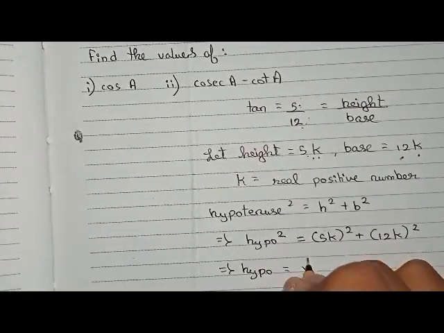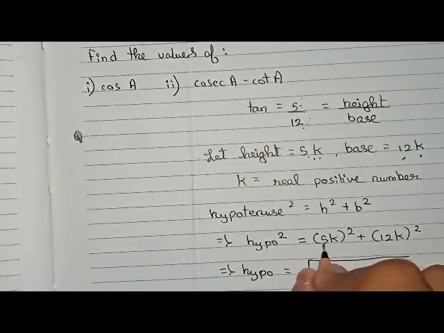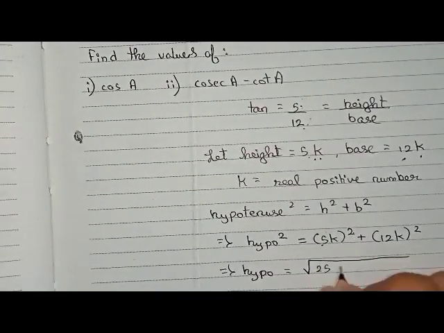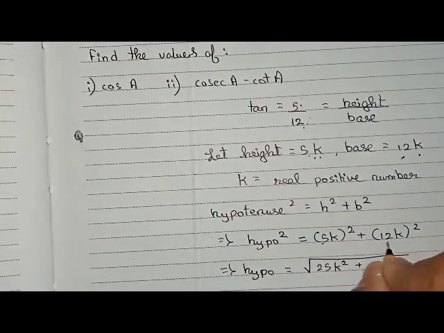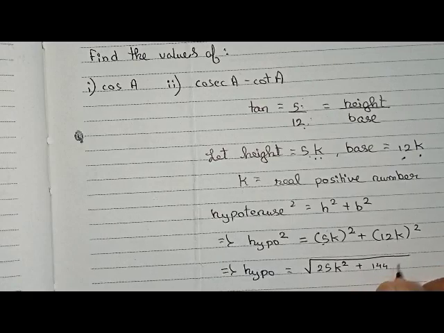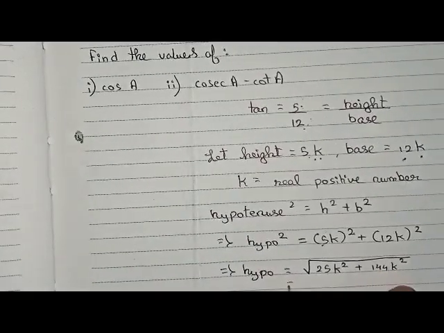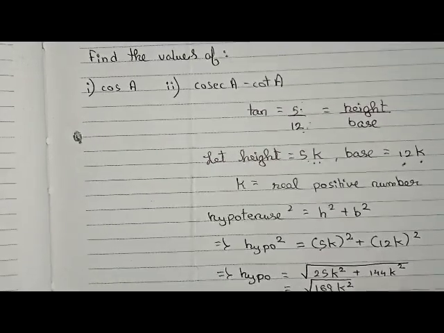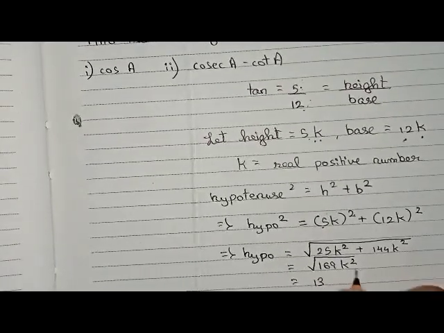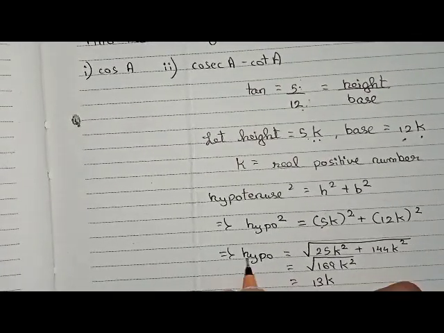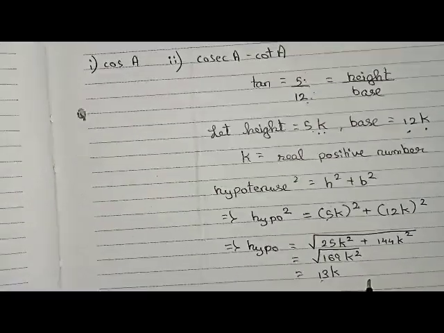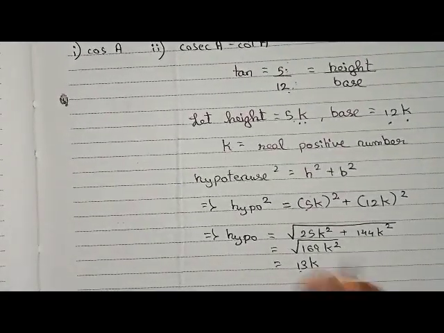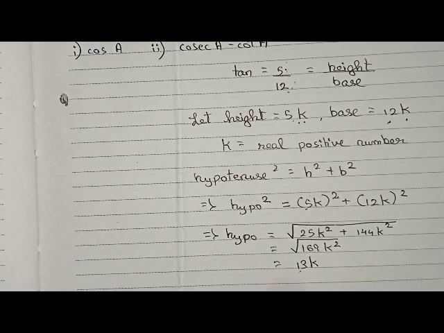Hypo is equal to root over 5k square, that means 5 to the power 2 is 25, k to the power 2, plus 12 to the power 2, that is 144, k to the power 2, which is root over 169 k to the power 2. So root 169 is 13 and root of k to the power 2 is k. So hypo will be 13k. So now I got all the sides of the right angle triangle.